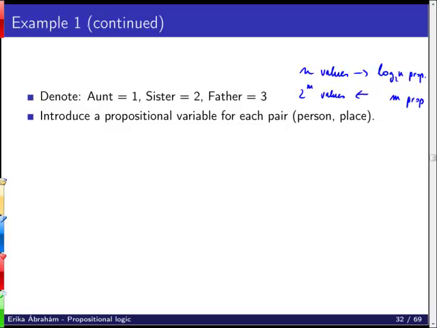And now I have 6 seats. So for 6 possible sitting combinations, I need 3 propositions. Let's say they are called A, B, C. And now I have to say which assignment corresponds to which sitting order.